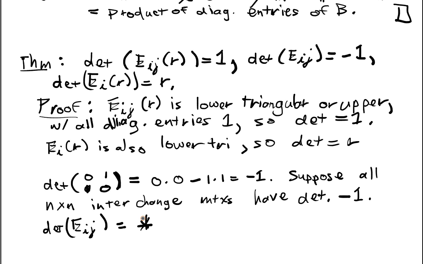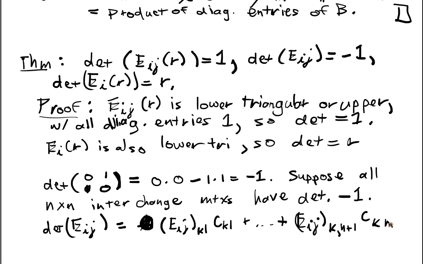Let's say I expand along the kth row. So the kth row is going to be Eij k1 times C k1, plus all the way up to Eij k n plus 1 times C k n plus 1.